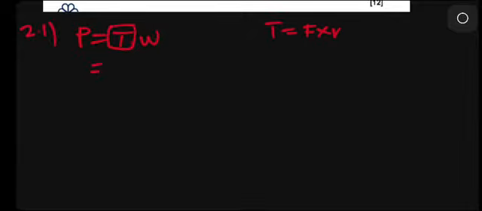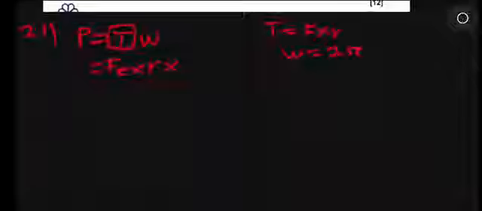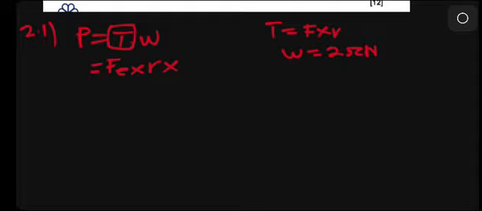But now I've been given an effective force, so this will be the effective force multiplied by the radius. The angular velocity is 2 pi n, and then we divide that by the time, 2 pi n divided by our time, like this.